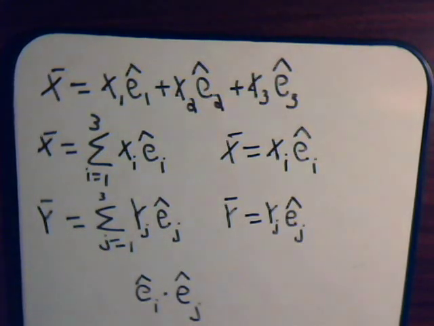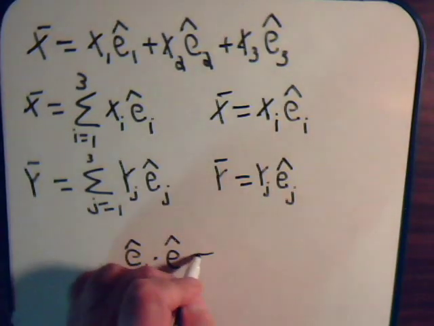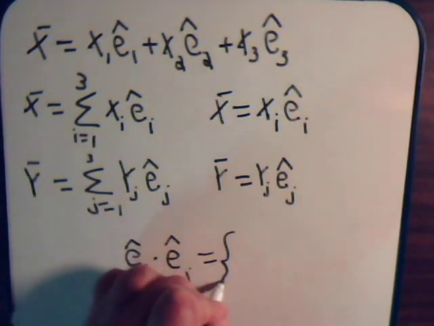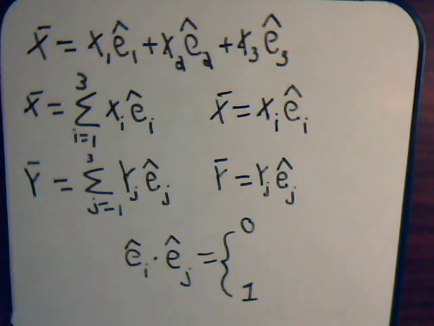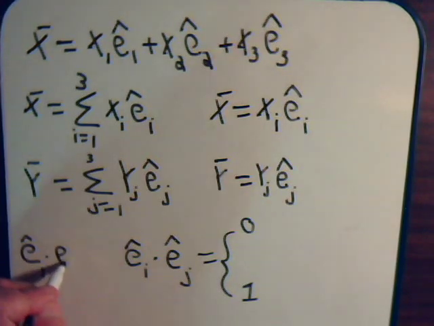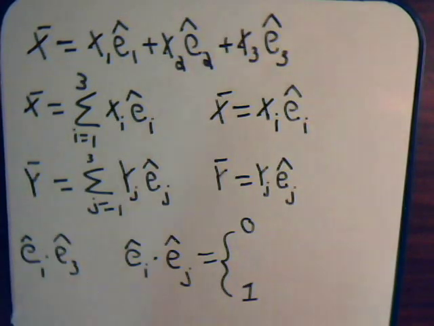So if we take the dot product, it's either going to equal 0 or 1. If we have different numbers here, it's going to be 0. For example, E1 dot E3, they're orthogonal, so of course that is 0. But if the numbers are matching, so we have E2 dot E2, then of course that's going to equal 1.